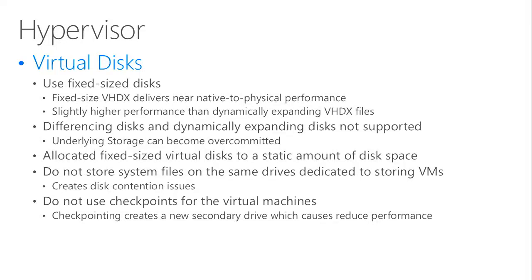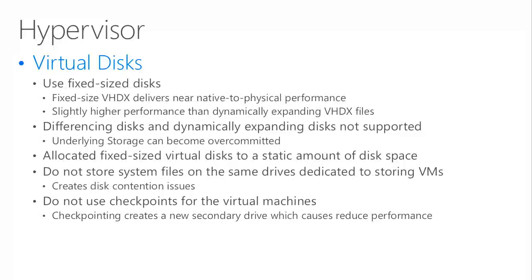One of the things too is that by having the fixed disk, we got better performance as opposed to dynamic expanding disks. Again, we don't recommend that because it's got to expand, and you're causing resources on the host to be able to cater for that, and also affecting the guest to some extent. Differencing disks or dynamic expanding disks are not supported. The underlying storage can overcommit as a result. So allocate fixed-sized virtual disks to a static amount of disk space.